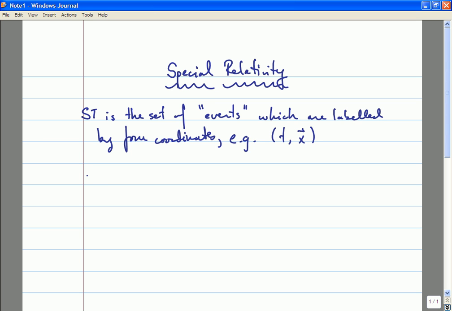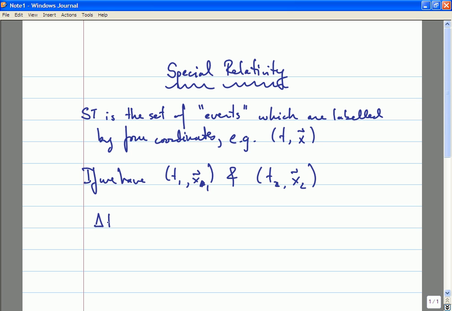But if you have 2 events, say an event at time t1 and position x1, and another one at t2 and x2, then in special relativity, you can define the coordinate invariant notion of the invariant interval between those 2 points.